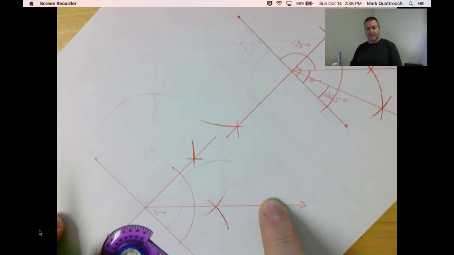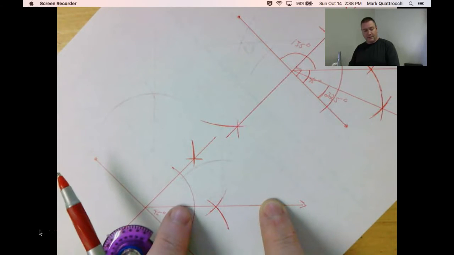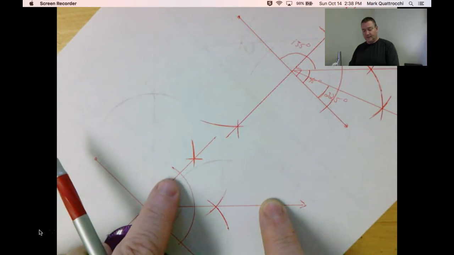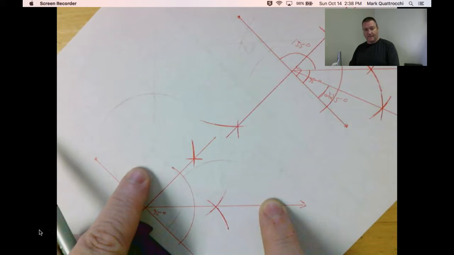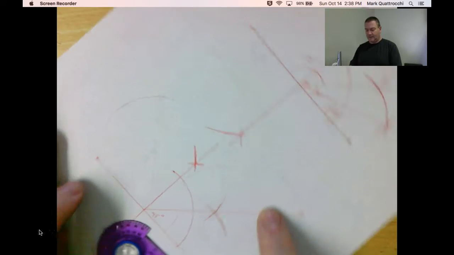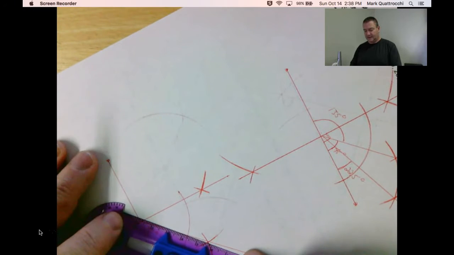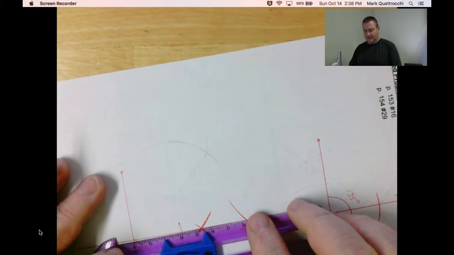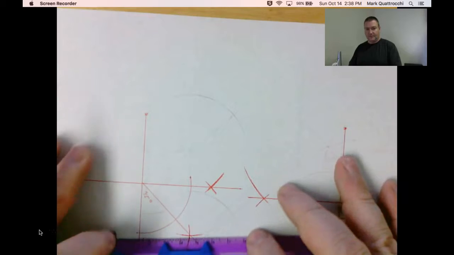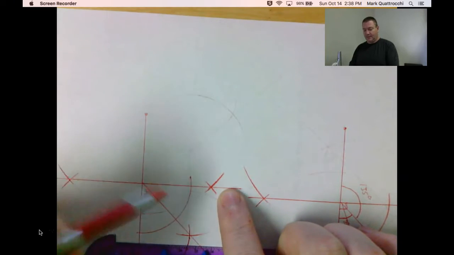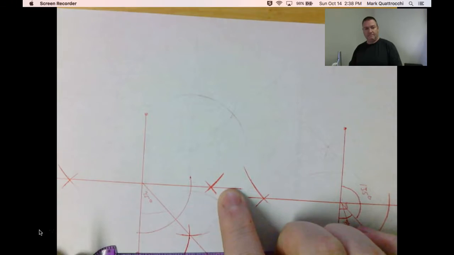Or I could do 45 plus 60 here. Let's do that one. So I'm going to do it from this angle here, actually. So from here, I'm going to make a 60 degree angle.